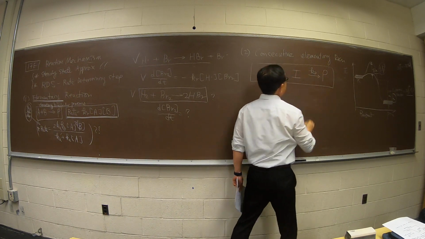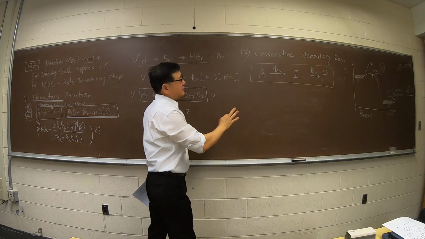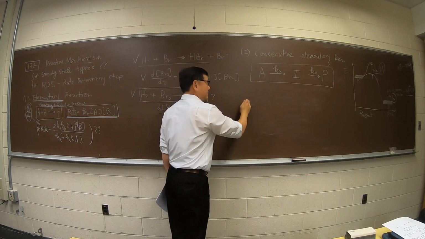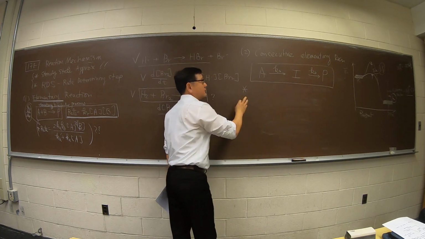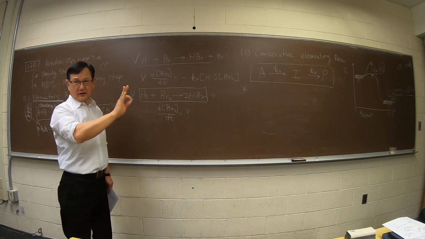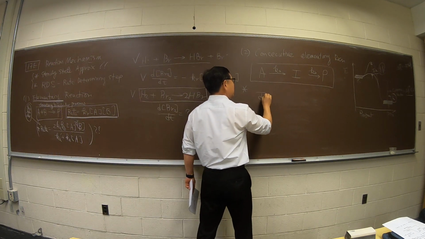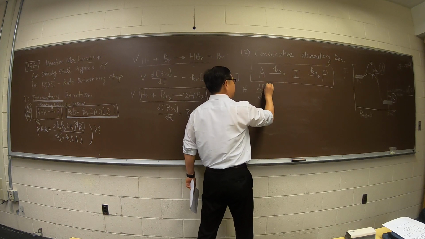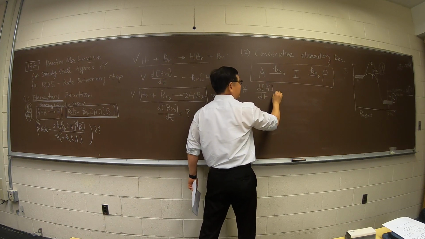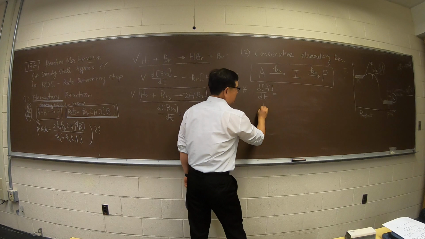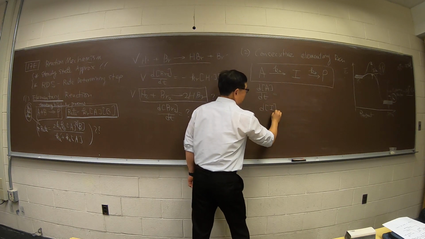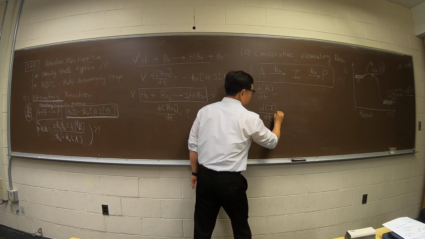Kb. And because it's an elementary reaction, the first thing that you need to know is you need to learn how to write the governing law. Okay? So I want to know how A is changing as a function of time. I want to know how I is being changed as a function of time.